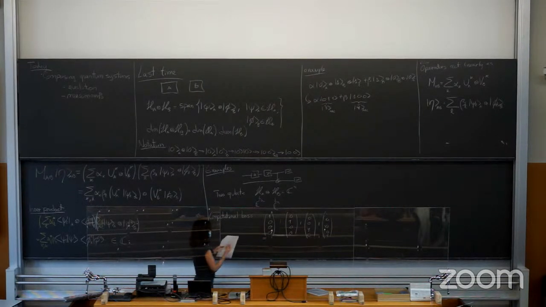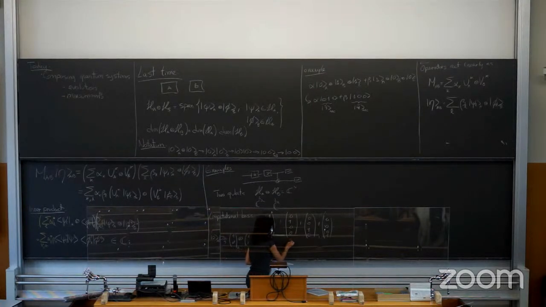This is kind of the definition of the tensor product: you can see this as (1, 0) tensor (1, 0), so on A and on B. But what is this? This is just 0 on A, 0 on B. This one, again by definition of tensor product, is (1, 0) tensor (0, 1), so that's 0, 1.